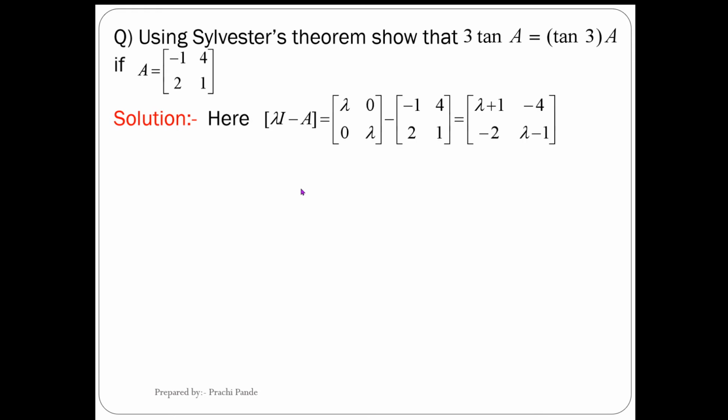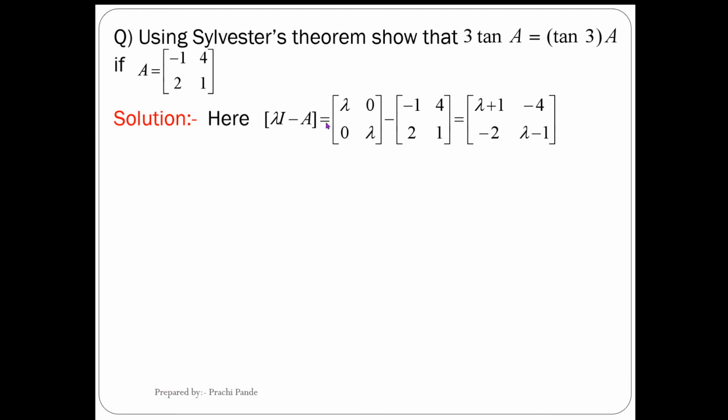Here find the matrix lambda I minus A, which is easily obtained by subtracting diagonal elements from lambda. So this becomes lambda plus 1, and at the second diagonal position we get lambda minus 1, and change the sign of the non-diagonal elements, so it becomes minus 4 and minus 2.